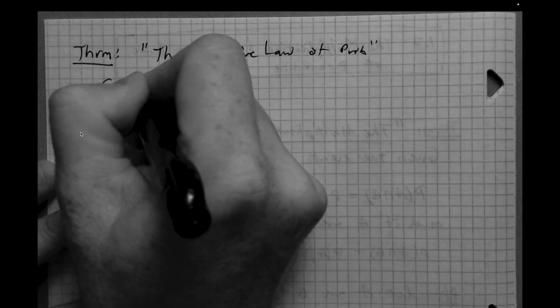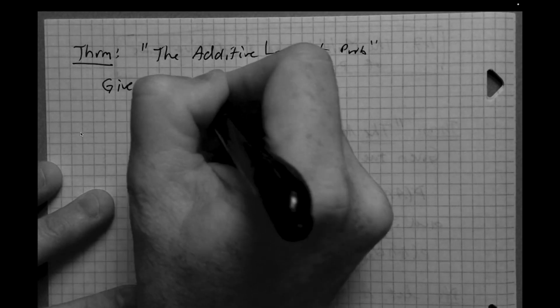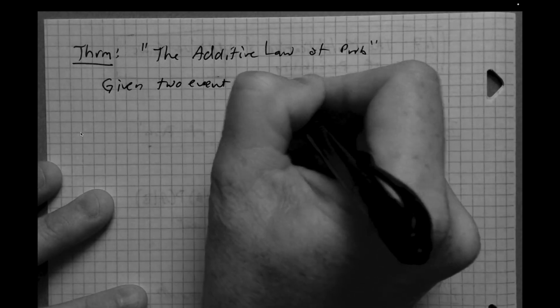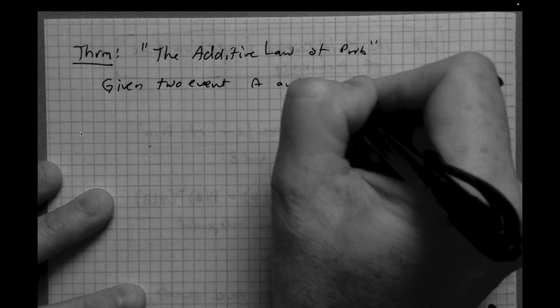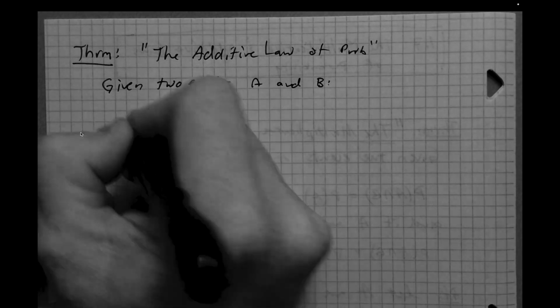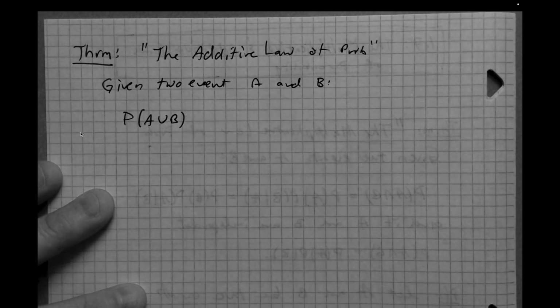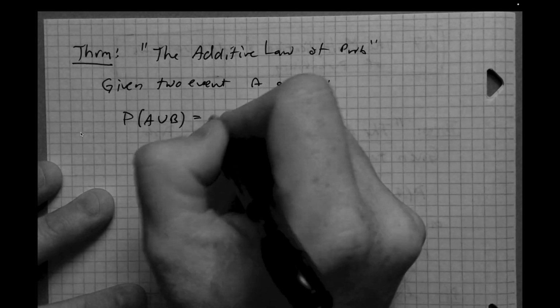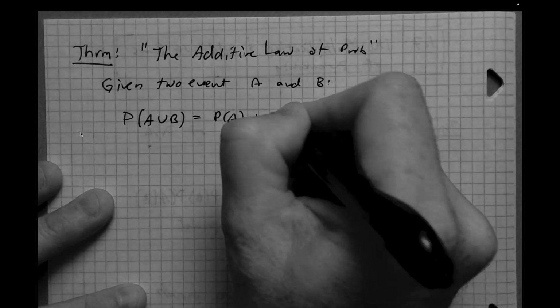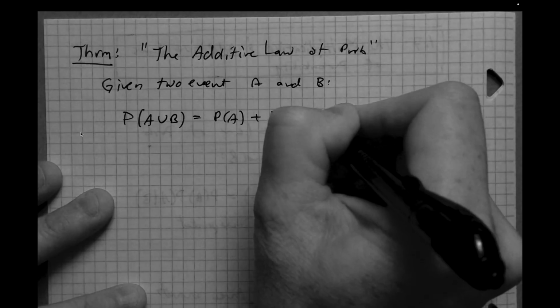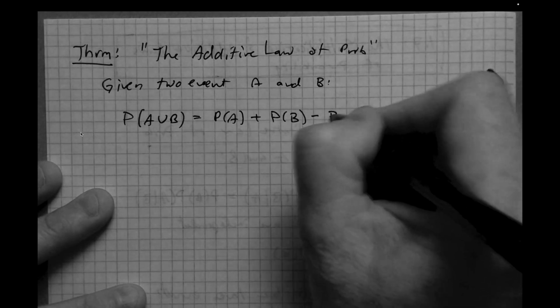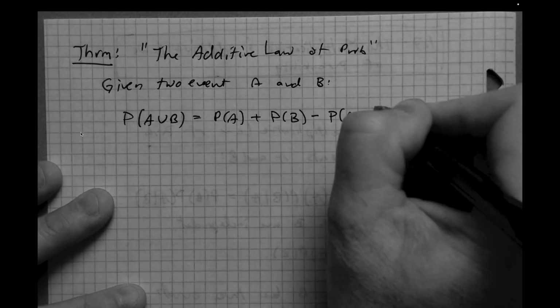Well, it says given two events, A and B, the probability of the union, A or B, is equal to the probability of A plus the probability of B minus the probability of A and B.